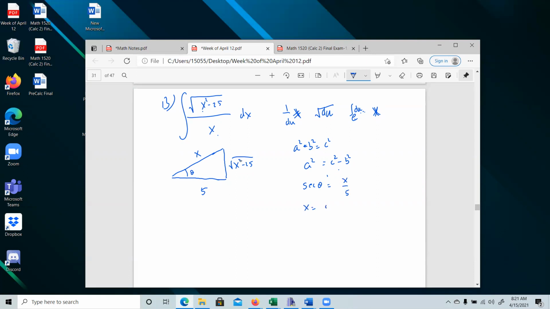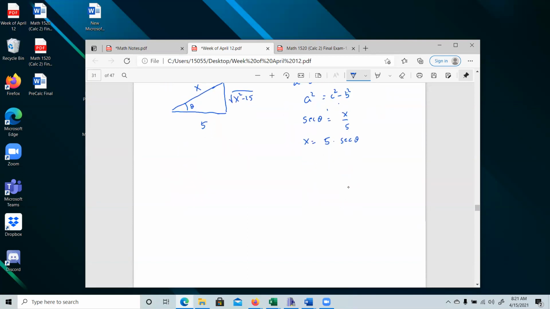So x is equal to 5 times secant theta. So don't be worried about it. There are problems like this where it's really difficult, and then there are problems that are pretty straightforward. We're on a final exam. You're not looking at really difficult and tricky problems.